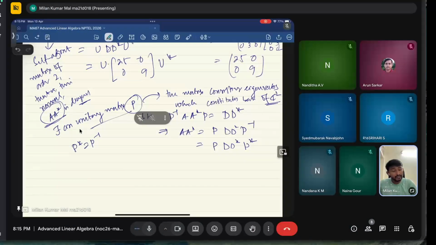That's why the matrix P is not only invertible, but P is actually unitary. I hope you were able to connect the things.